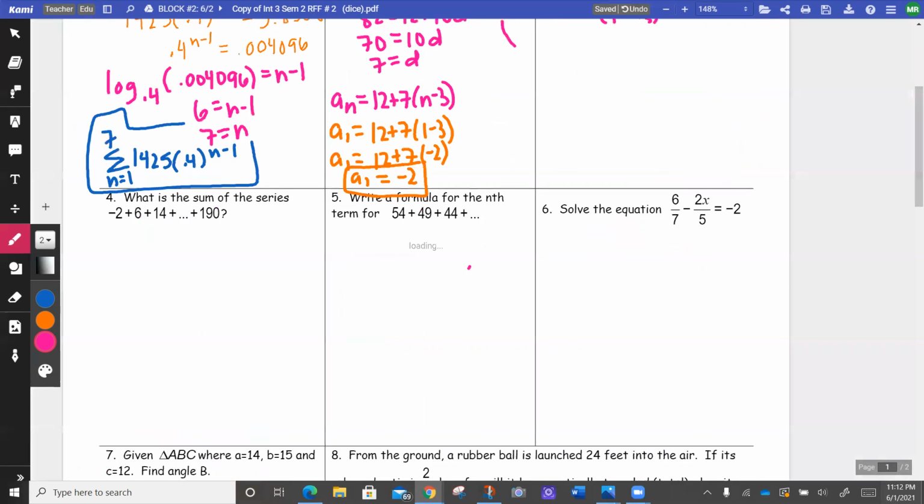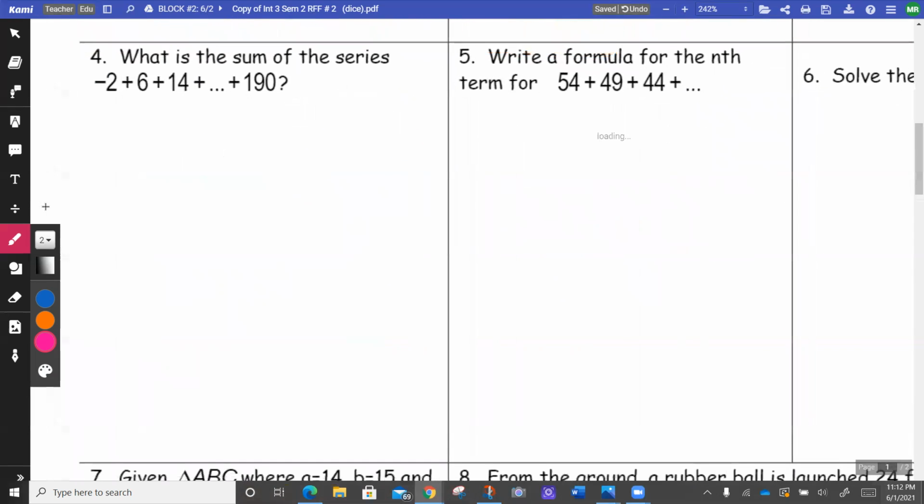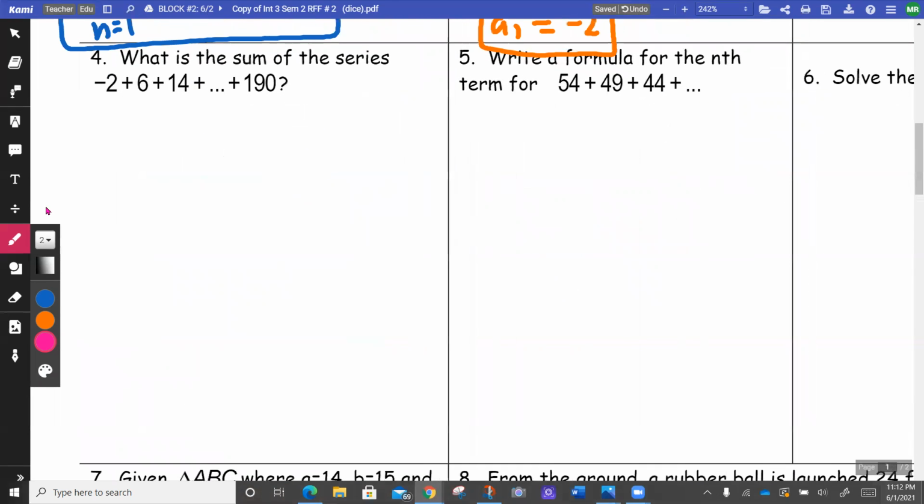On number 4, what is the sum of the series? Okay, and so looking at this, it looks like I am adding 8. I believe I'm adding 8. And so if I want to find a sub n, like a general equation, I'm starting with negative 2, adding 8, since that's my first term, n minus 1 times.